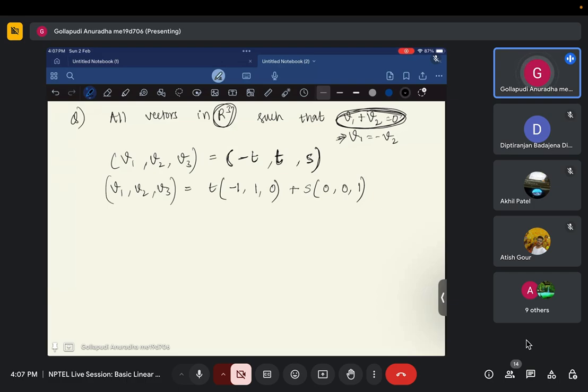So, for example, if I make t as 0 and s as 0, then we get v1, v2, v3 as 0. So the 0 vector is there in the set, and these vectors will satisfy the constraint.